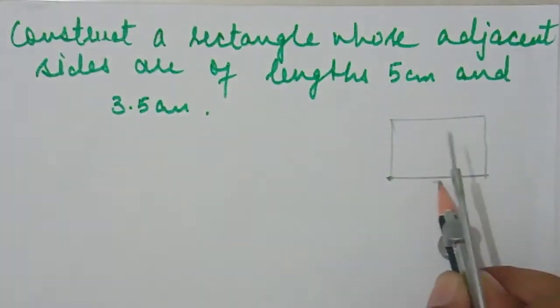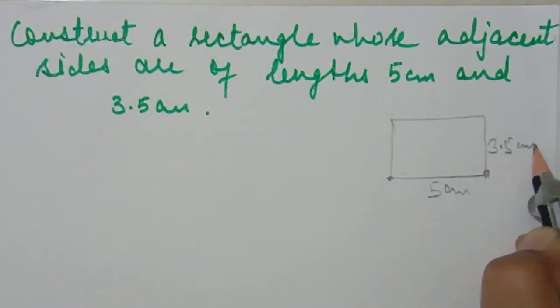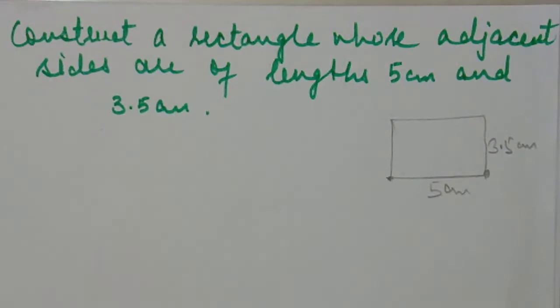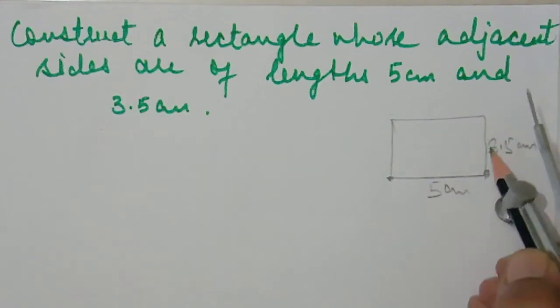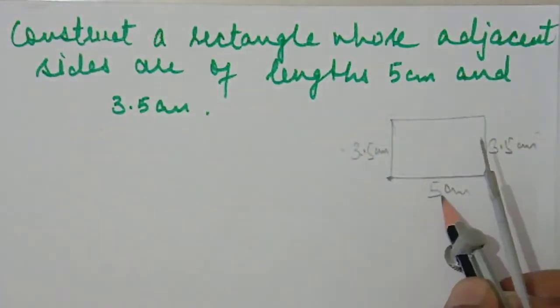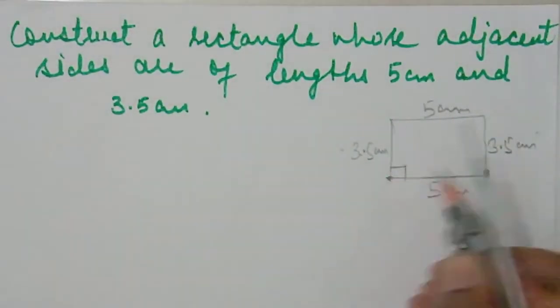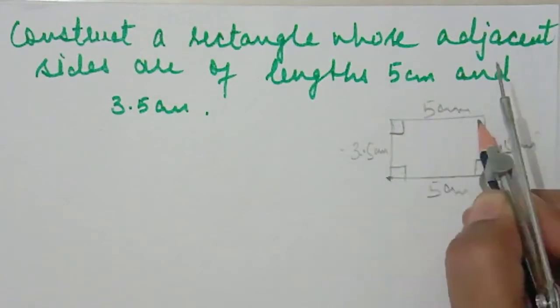So it is given as 5 centimeter and the adjacent side is given as 3.5 centimeter. Now what are the properties of a rectangle? The properties of the rectangle are that opposite sides are equal. So definitely students, opposite sides are equal. It is 3.5 centimeter, and it is also 5 centimeter, and the angles of a rectangle are 90 degree.